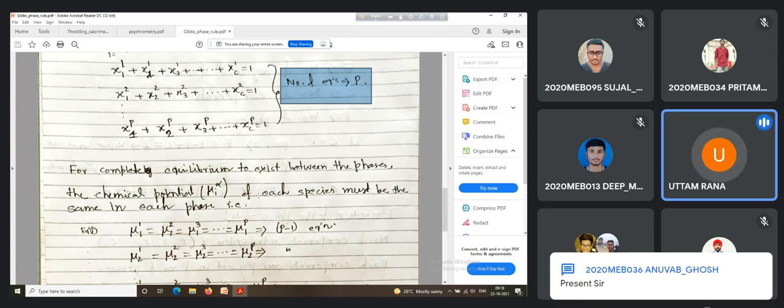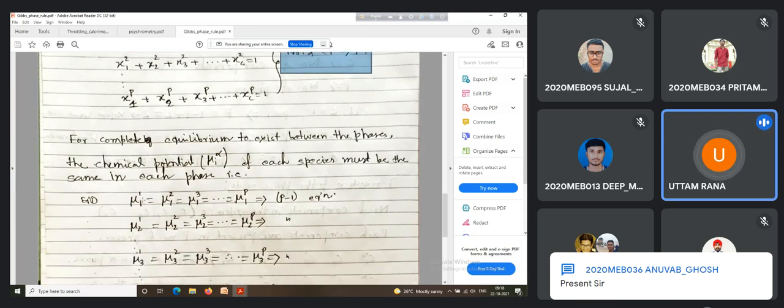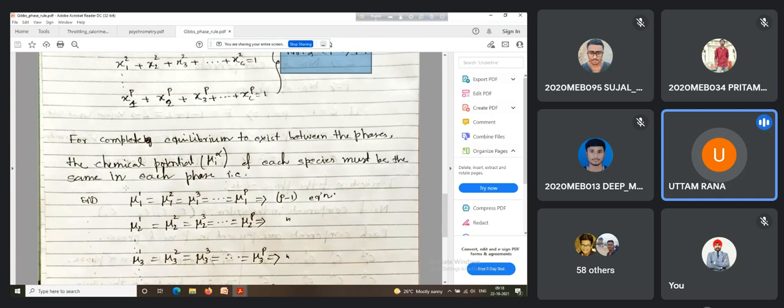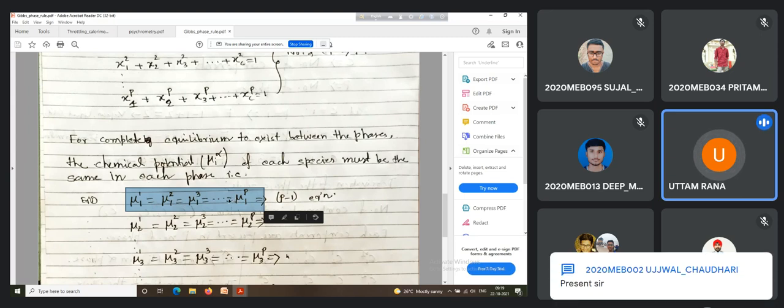So if they are not reacting, and we consider component 1, its chemical potentials in the different phases are the same. So how many equations may be constructed? If A is equal to B, one equation. If A is equal to B is equal to C, there are two equations.